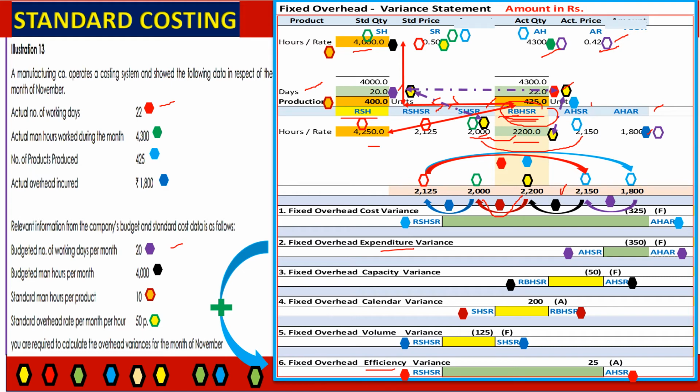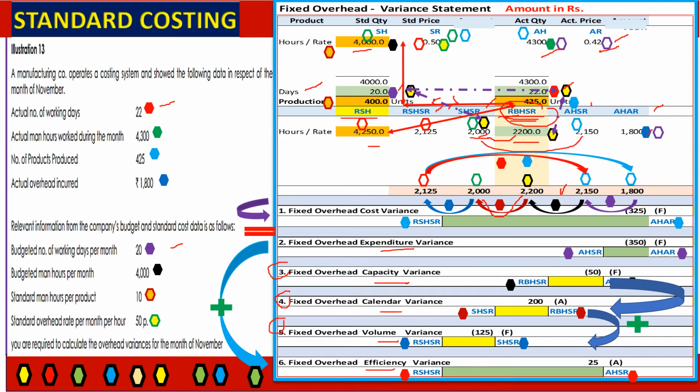When you add them together, minus 350 plus 25 is 325 minus, that is fixed overhead cost variance. And in case of item number 6, 25, we have to add 3, 4 and 5, capacity, calendar and volume all put together. Minus 50 plus 200 is plus 150. Plus 150 minus 125 is equal to plus 25.